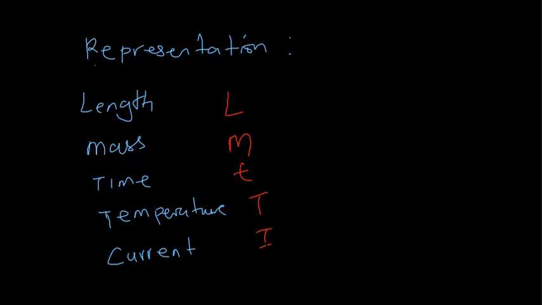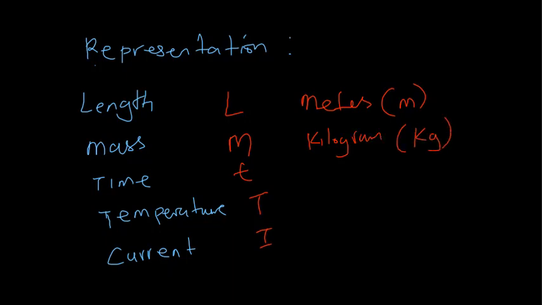So these are just the symbols of these physical quantities, and the symbols for their units will be as follows. Length is measured in meters, so the symbol will just be small letter m. Mass is measured in kilograms, so the symbol will just be kg.